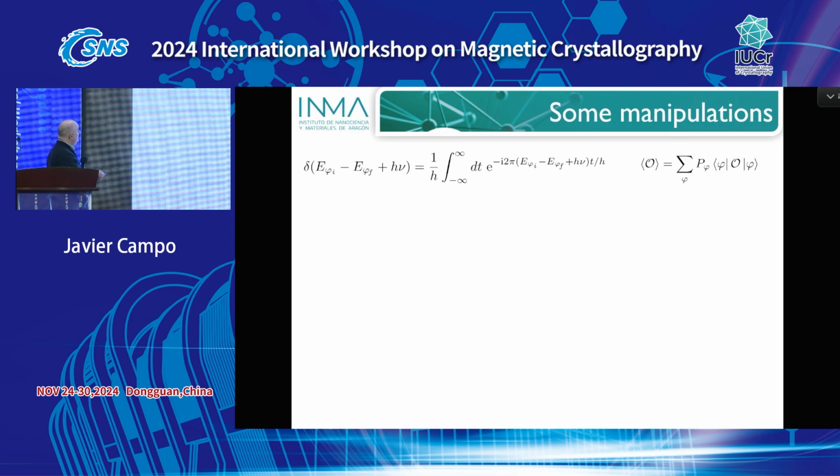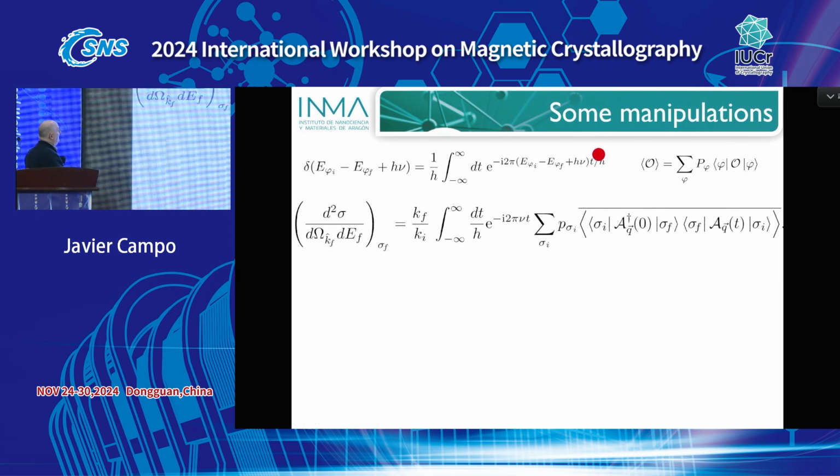The delta of energy, the conservation of the energy, can be expressed like this. We will use this because by doing this, I will introduce the time dependence of the operators via the wave functions. And also the average of a given operator is the probability of the state sandwiched with the states, summed over all the states.